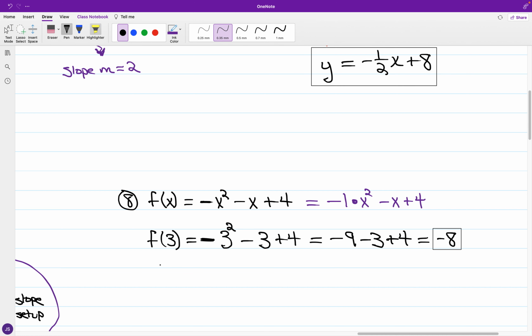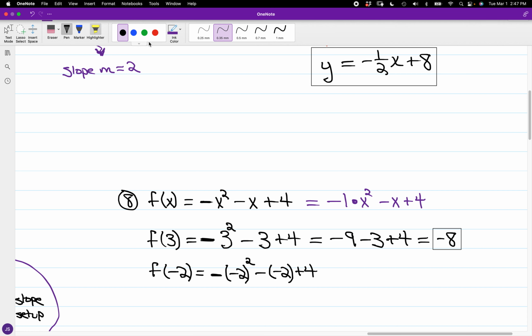Okay, now for the next input, that was with -2. Now for f of -2, we'll be looking at the negative. Again, so you have -1 times the square of -2. I have minus -2 followed by the addition of 4.